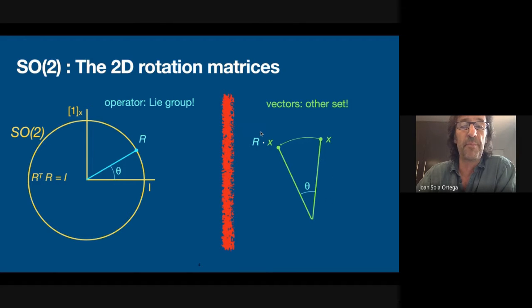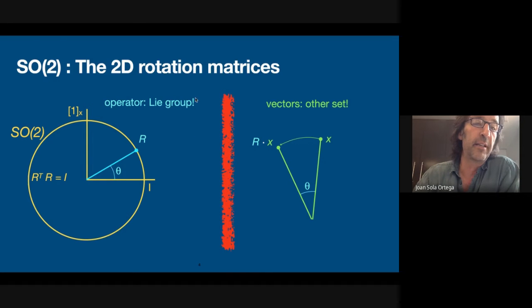I want to separate one thing from the other one, and this course is dedicated to understand how the Lie group works. Of course it acts on vectors, but remember, the action is just one of the keywords we can apply to Lie theory. It's one of them. There are a lot of other things. And so we are interested in the left part of this drawing.